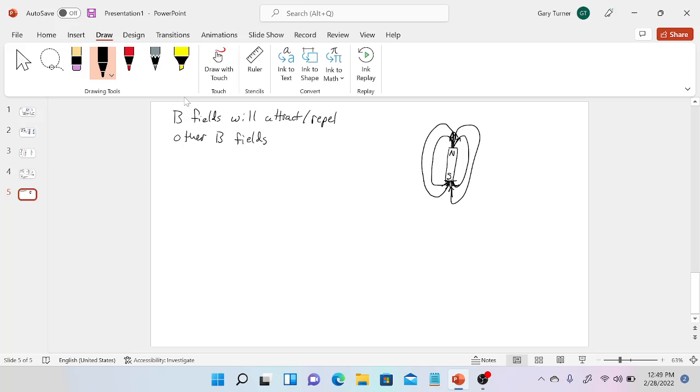So this is rule number one. The magnetic force can be either attractive or repulsive, just like the electric force.